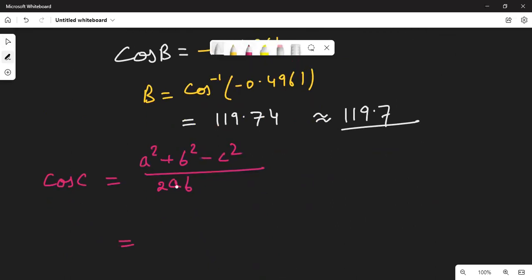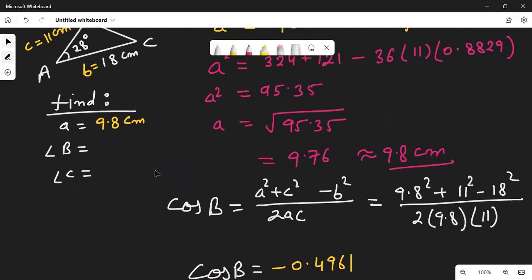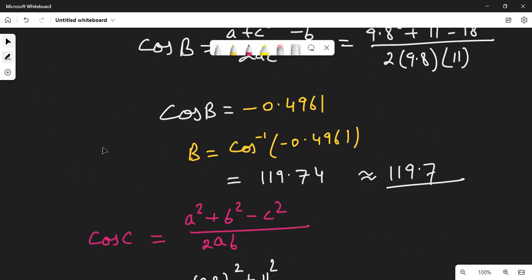A is 9.8 square, and B, let us see it, B is 18, right? C is 11.